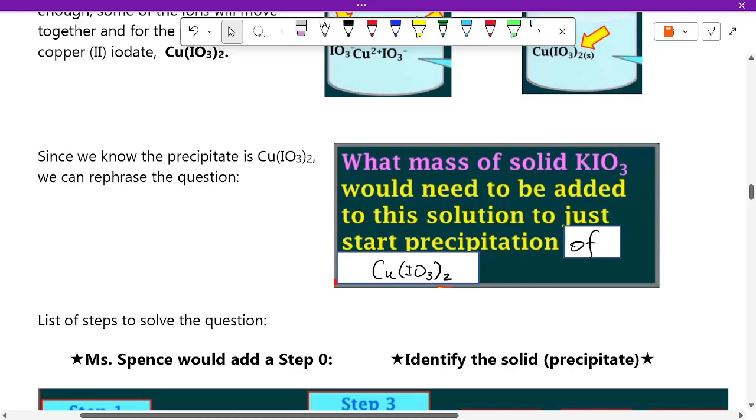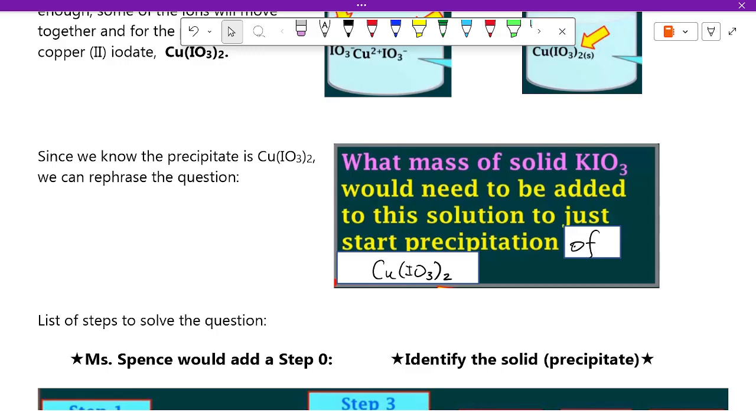So basically, you're always going to have to identify the precipitate. Anytime you have a mix and match type problem, you have to identify the precipitate. When we did will a precipitate form, you had to identify the precipitate because that was a mix and match type problem. Here again, you're mixing 2 compounds.